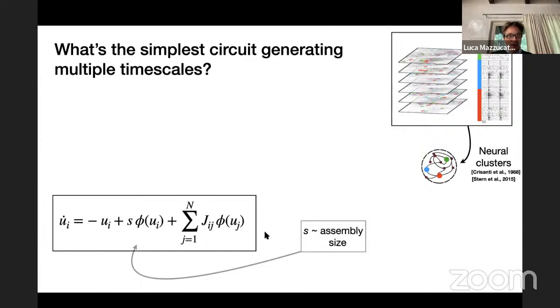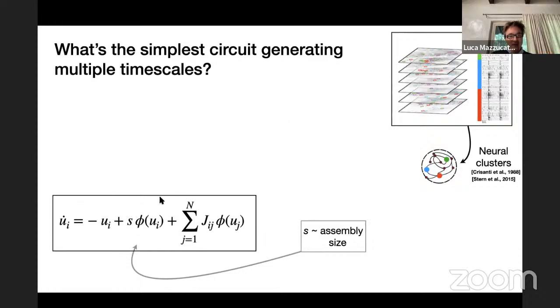And so I wrote here on the bottom left the usual equation for the dynamics of these networks. U_i is the activity of one of these neural clusters. And they're all coupled together with recurrent couplings, usually taken from a Gaussian distribution with mean zero and variance g squared over N. This is the usual parameterization of a random neural network.